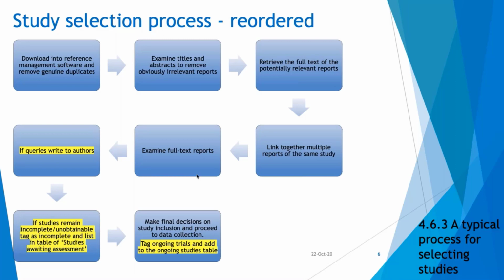So also making sure that ongoing trials are tagged and added to the ongoing studies table. So really trying to make sure that when the updates happen, we've actually got some information to be going on, hopefully that these things will then have been obtainable, and that ongoing trials may have reported. So it's maybe just taking the study selection process and making it a bit more forward thinking, as well as dealing with the review at hand.